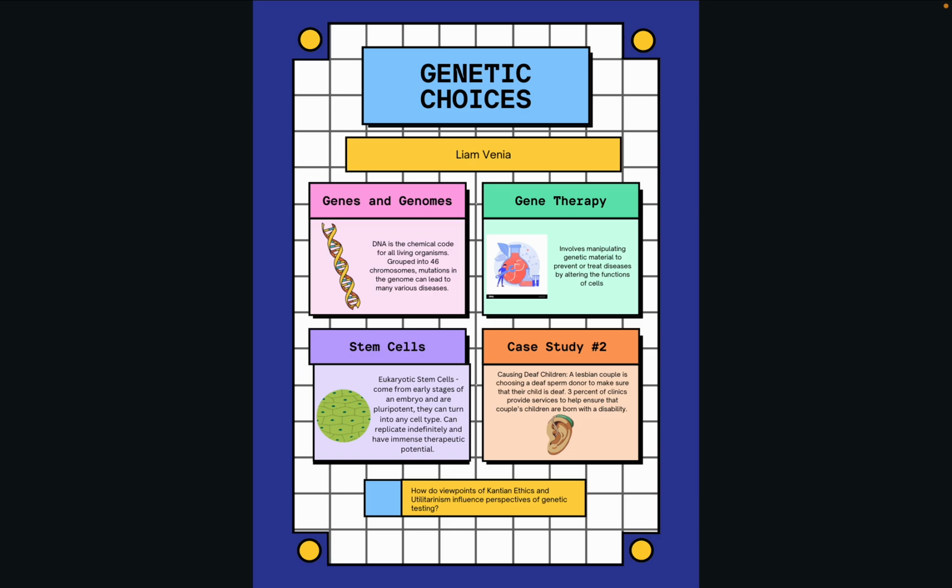The next topic I want to talk about is gene therapy, or manipulating genetic material to prevent or treat diseases by altering the function of cells. Some of the techniques from gene therapy include adding, correcting, silencing, reprogramming, or eliminating cells, which often involves using modified viruses to deliver genetic material. It holds promise for certain conditions such as hemophilia, cancer, and different genetic disorders.